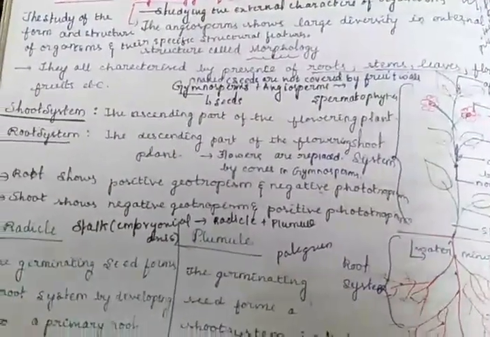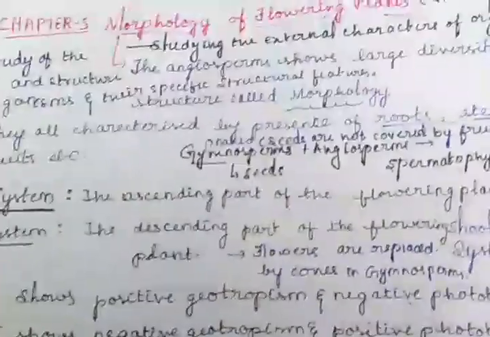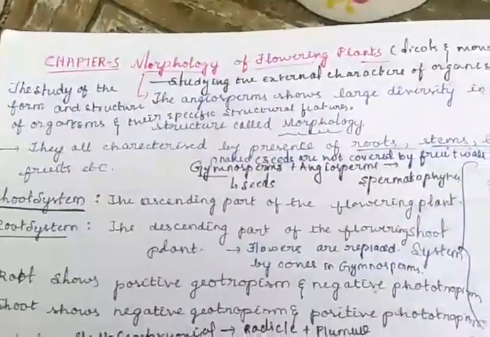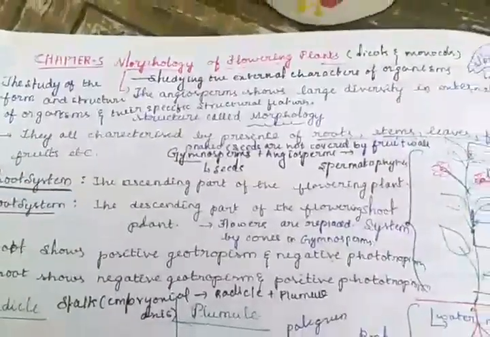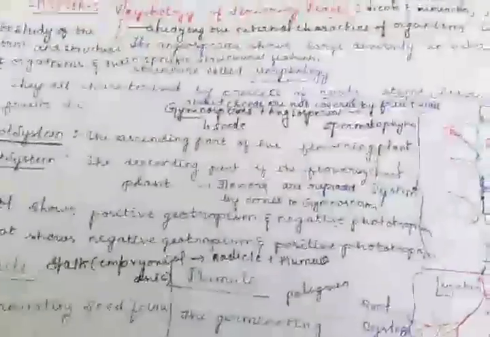The study of form and structure of organisms and their specific functions is called morphology. The angiosperms show large diversity in external characters.